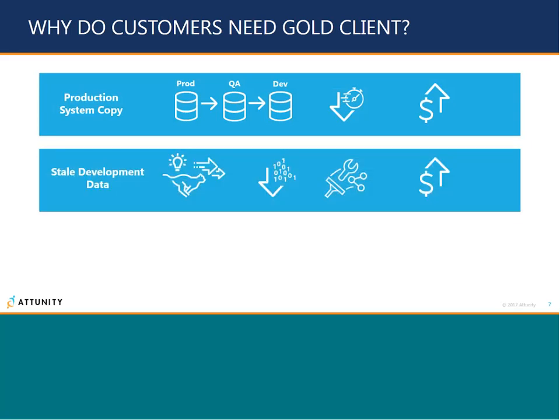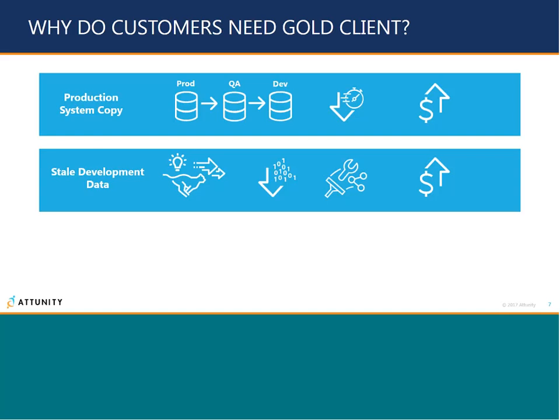The second use case is that once you've done a full production copy, yes, you have brand new, shiny, easy to use transactional data, which is available to you for testing, development, and QA purposes, but that transactional data gets used up very, very quickly, which leads to a downward spiral in terms of efficiency of your development and QA, because you then have to create the data.